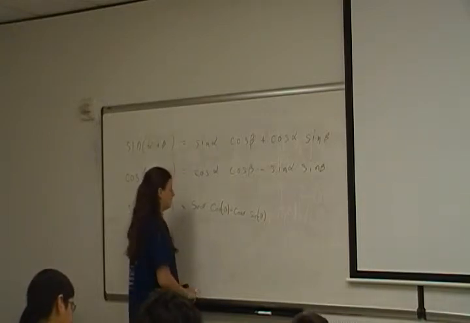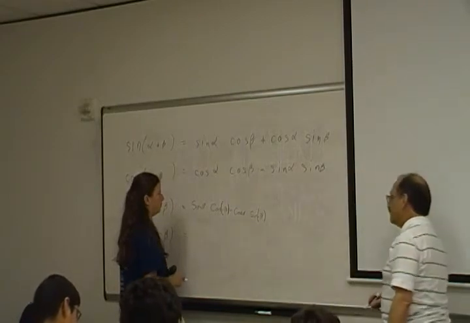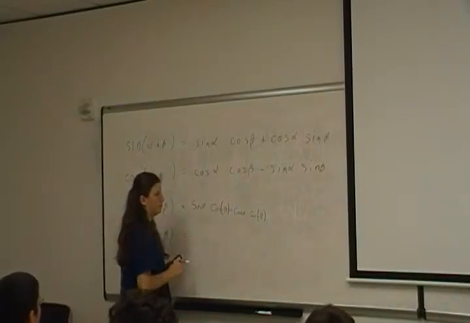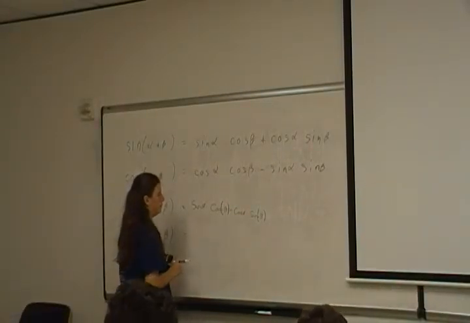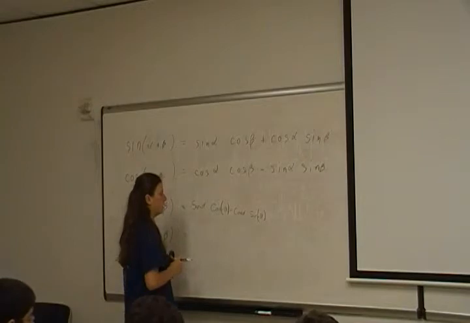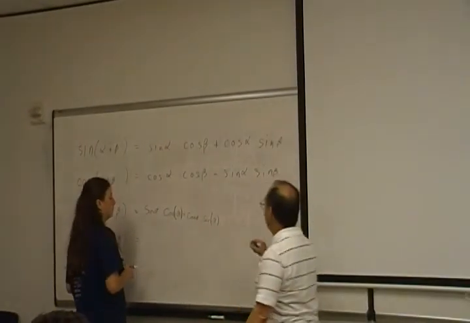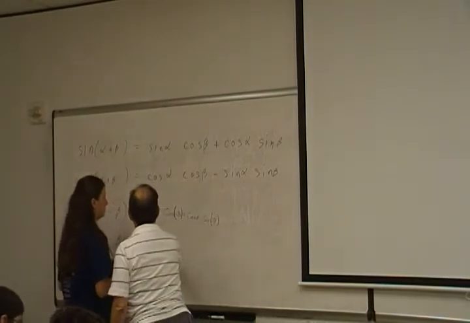Okay, what is the cosine of minus beta? Remember the negative angle formula for it. Is it equal to cosine of beta or minus cosine of beta? Give her a chance. Which one? Okay, so recopy it on the next line.